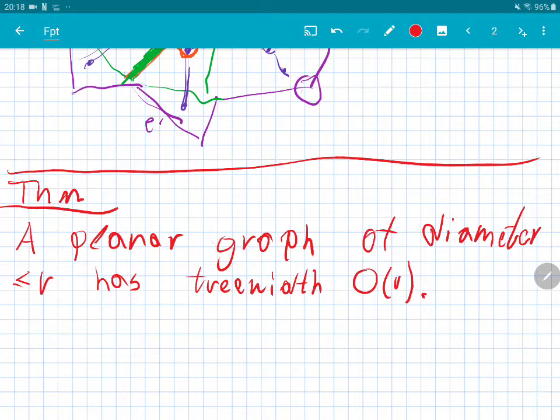And again, I'm hand waving the proof, but the proof is essentially you take the separator and you recurse on the two pieces, when you duplicate the separator vertices into the two subproblems.